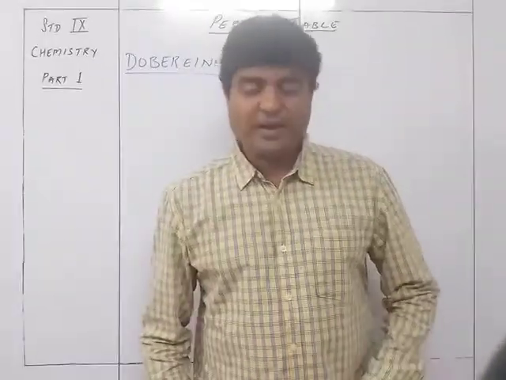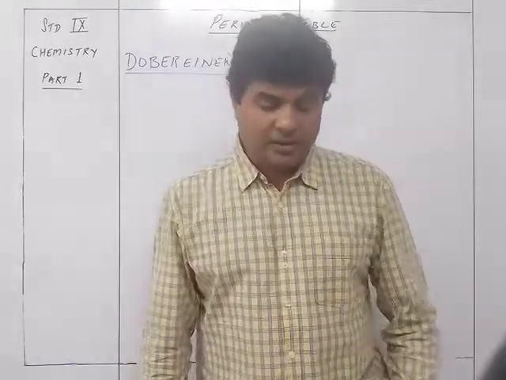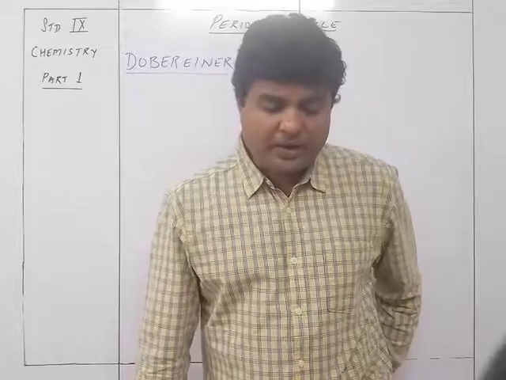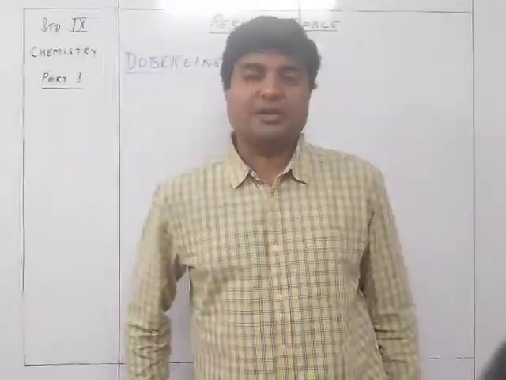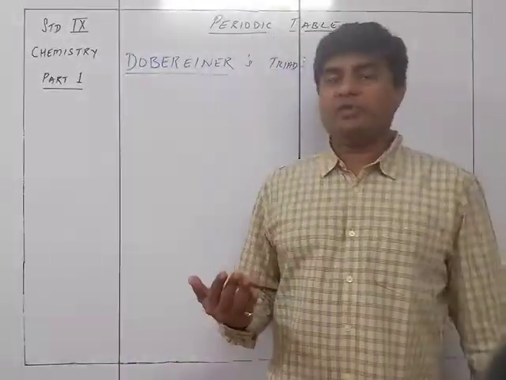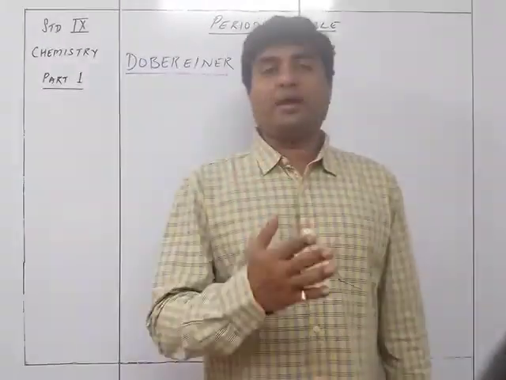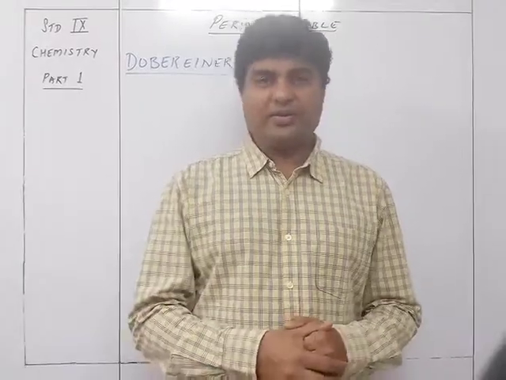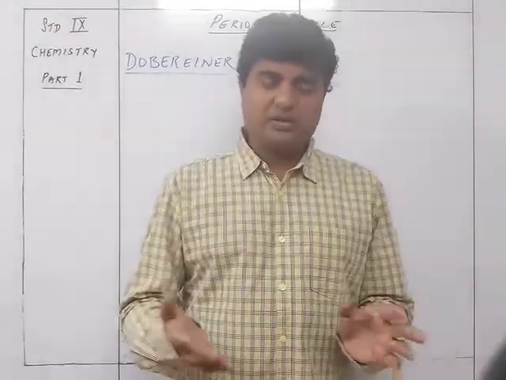So that's why it was not the right method. Then came atomic weight and not properties. Atomic weight and not properties were considered for further classification. So then what came up was that the atomic weight should be considered for the classification of elements and not the properties.